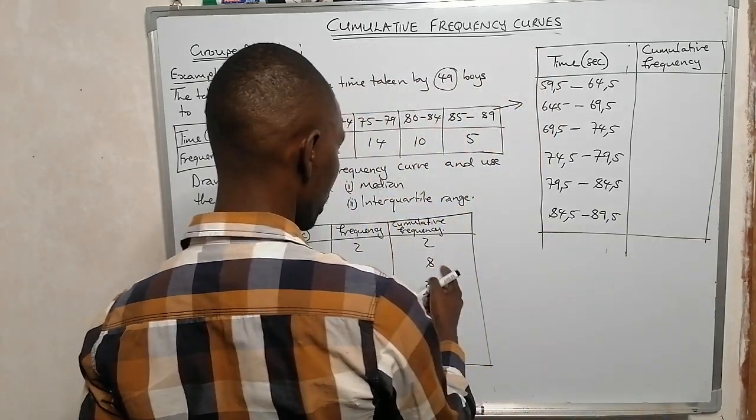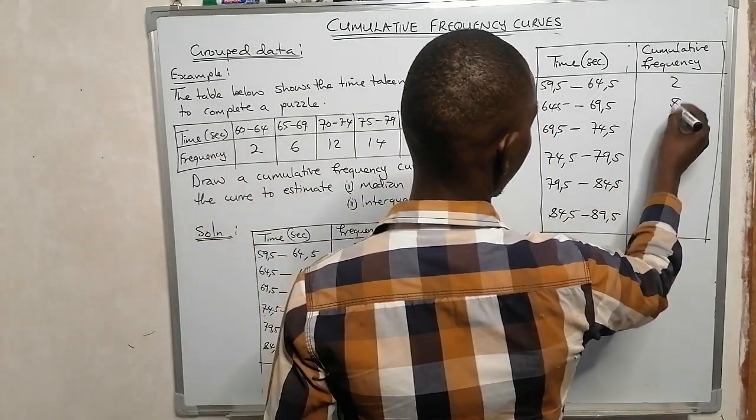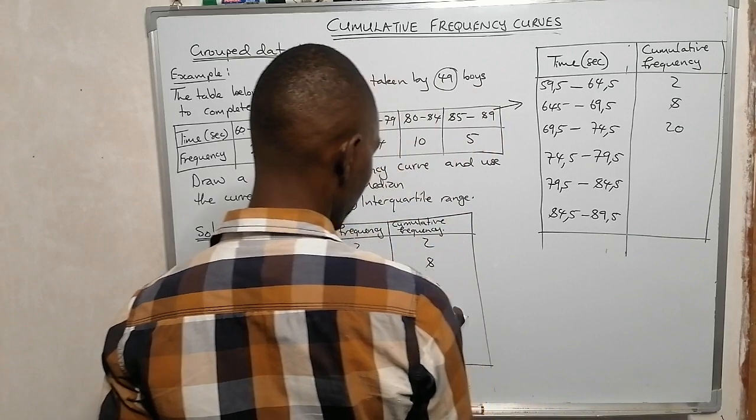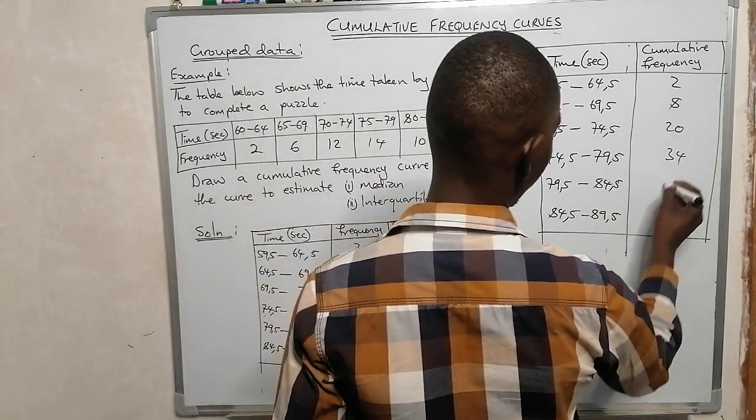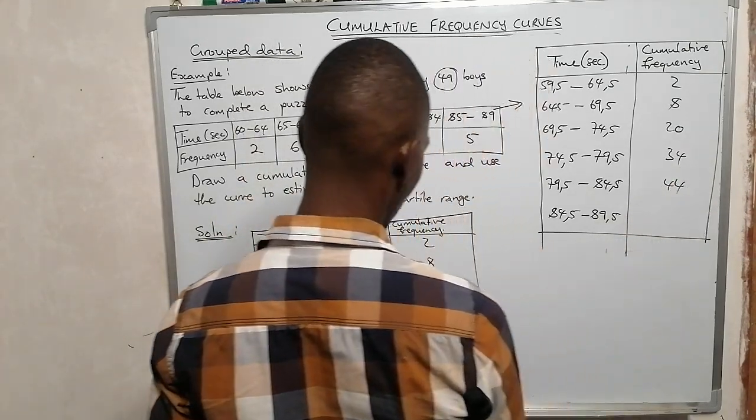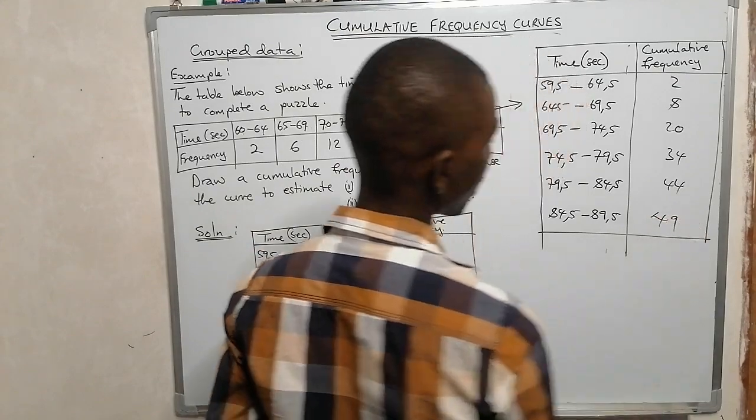Cumulative frequencies: 2, 8, 20, 34, 44, and 49.